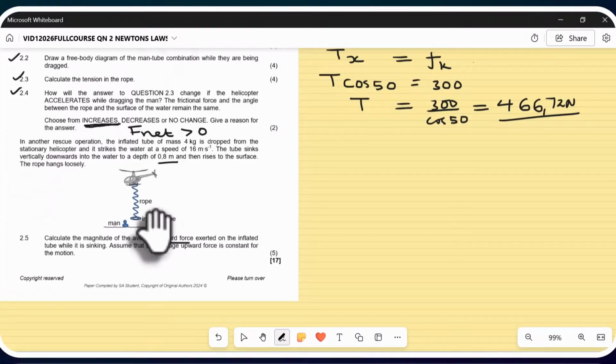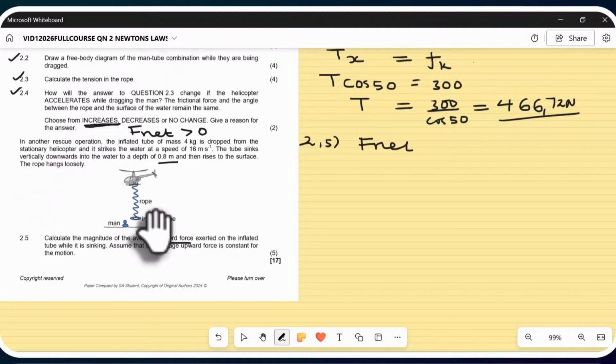So if I talk about my F net equals to ma, this tube is going down, right? Why is it going down? It's going down because of the FG, right guys?